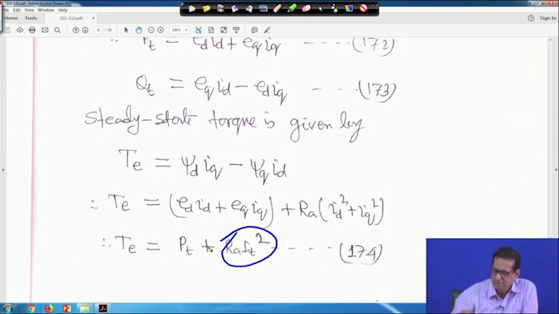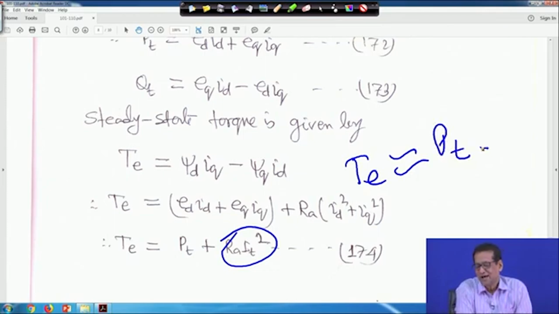So torque will be approximately equal to the power output Pt. Therefore, when you convert into the per unit system, if you neglect the loss, you will find that per unit torque and power are both the same, because the term Ra It square is very small.